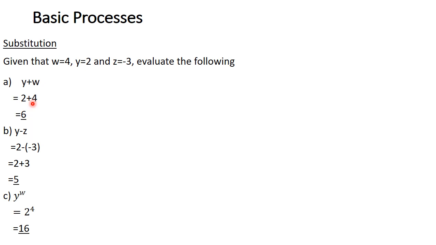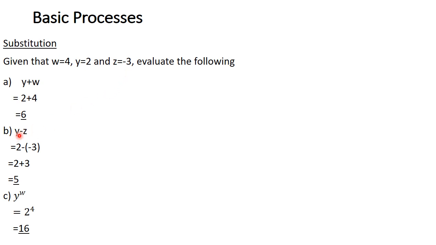So this is how to deal with substitution. The other one is y minus z. So y is 2 and z is negative 3. So we just replace here. Be careful. The reason why I created this question was because I want you to be careful in working with integers. So y minus z, remember z is negative 3.